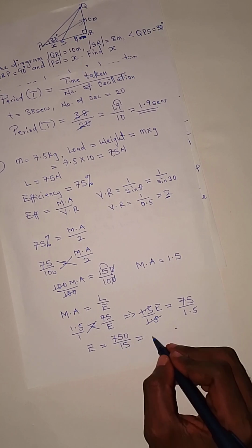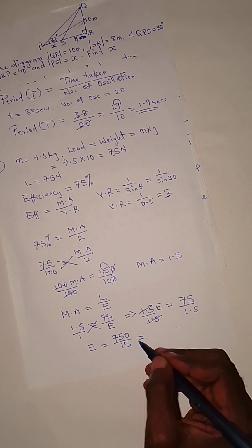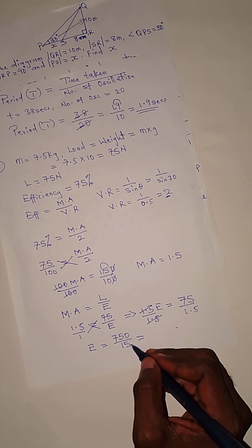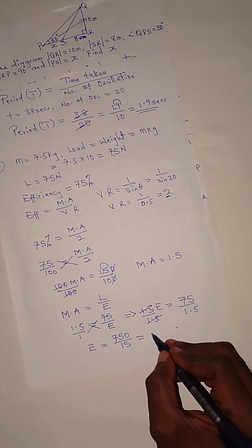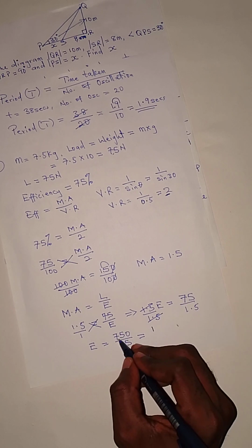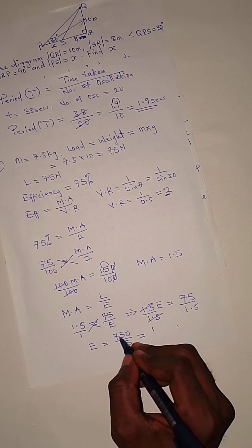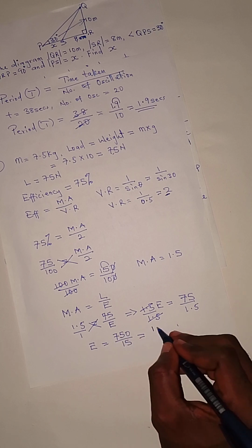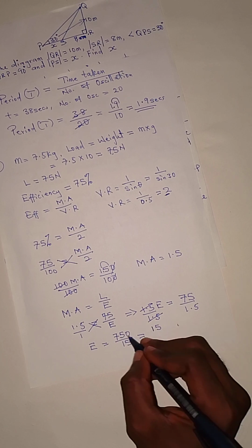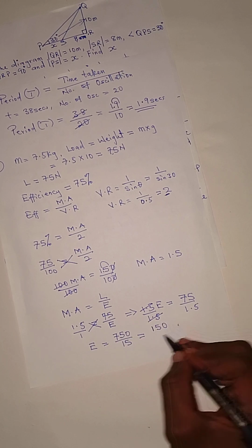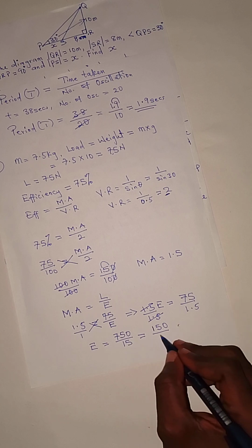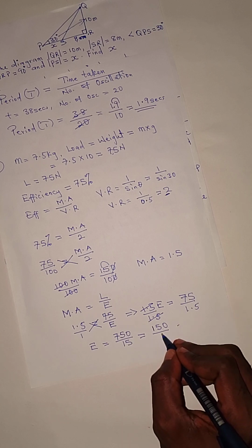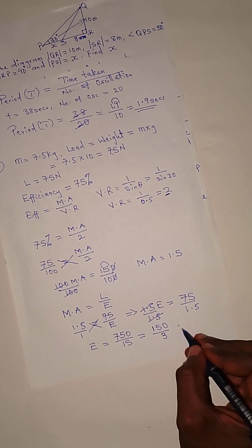Okay. So if you want to further divide it, like bring it down to lowest term, you can say 5 goes into 750. You can say 5 goes into 7, that's 1 time. Remember 2. Take that 2 to this 5, that will be 25. 5 goes into 25, that will be 5 times. Then 5 goes into 0, that is 0. All over 5 goes into 15, that will be 3 times.